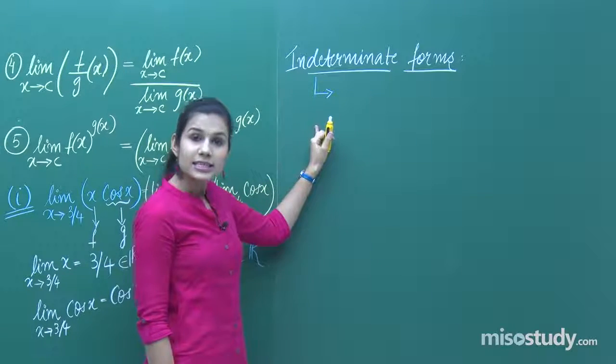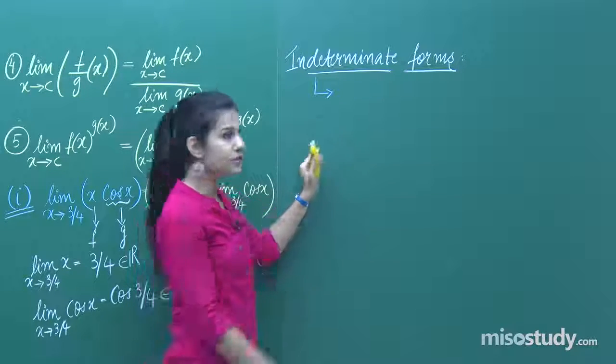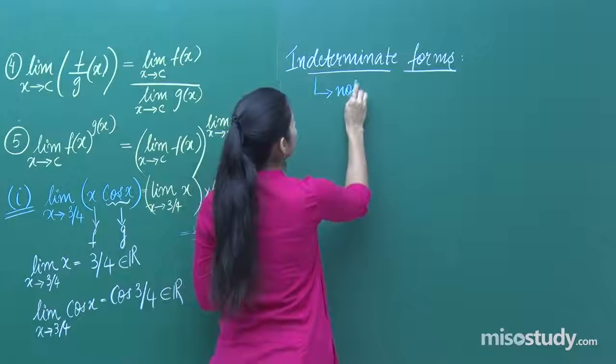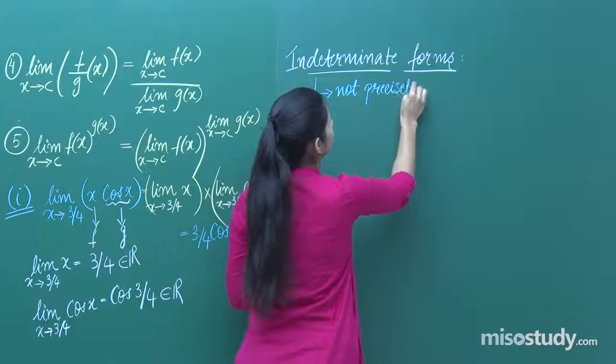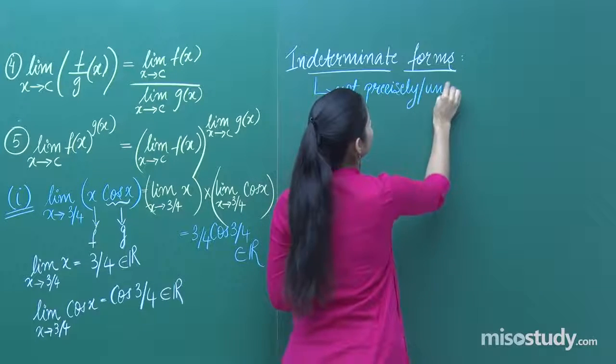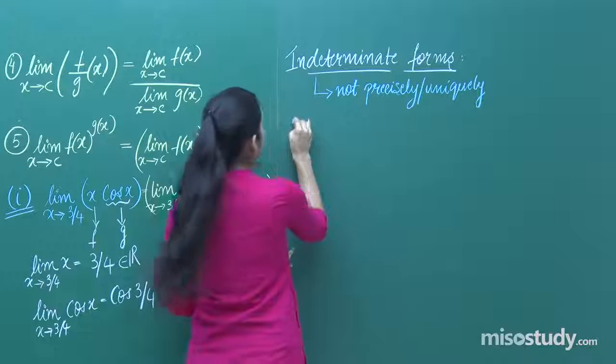Indeterminate means something which cannot be precisely or uniquely determined.